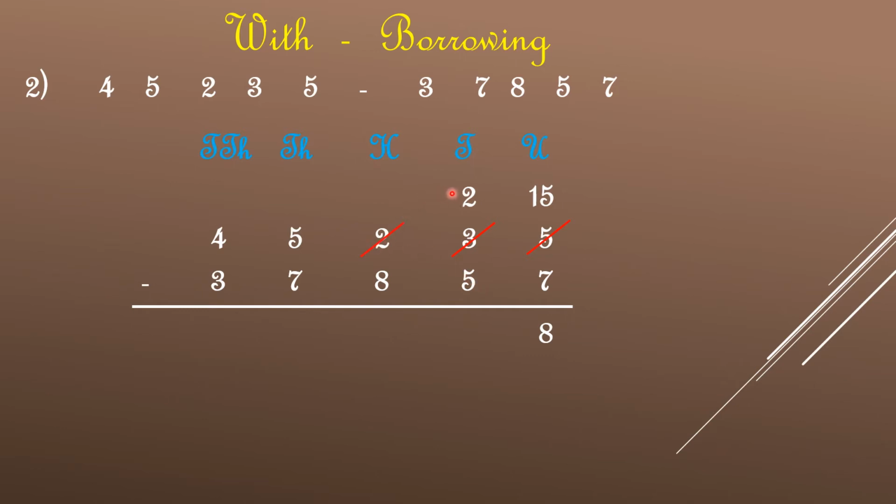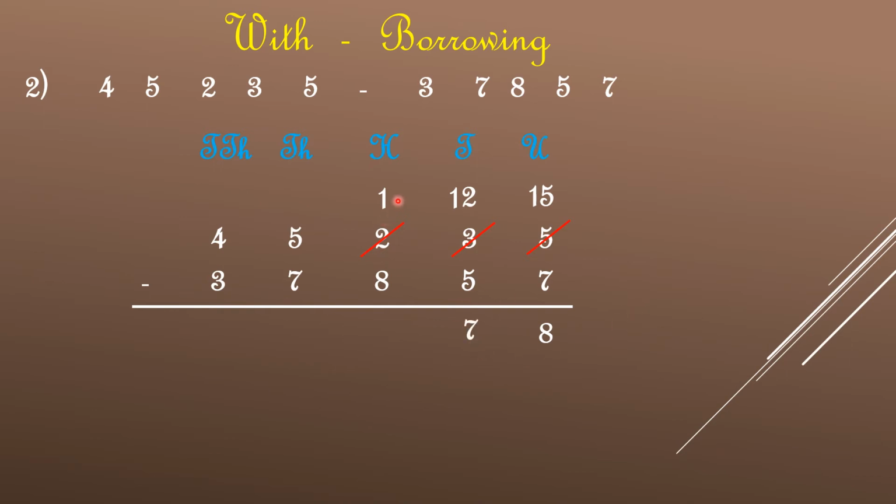From 2, I bring 1 over here in the tens place, and 1 is left in the hundreds place. So 12 minus 5, the same way you have to subtract. You begin from 6 and stop at 12. So 6, 7, 8, 9, 10, 11, 12, so 7.